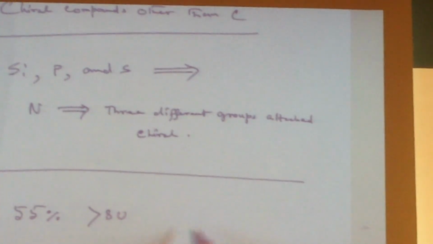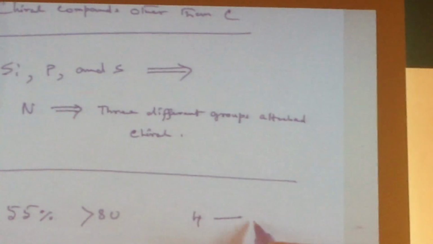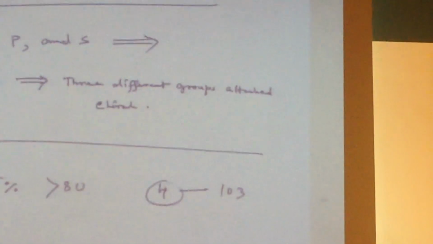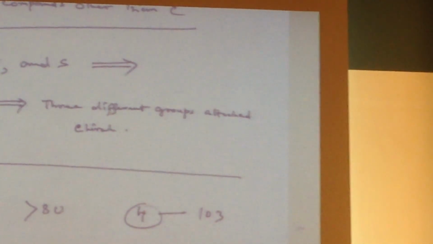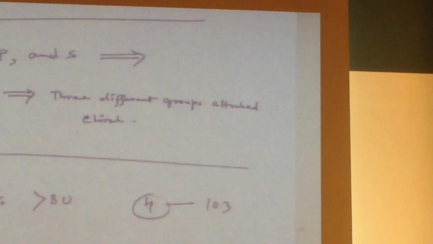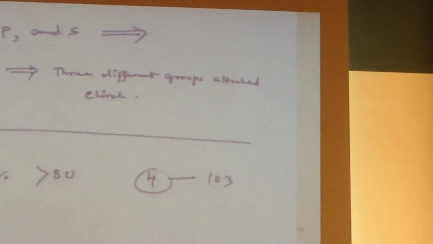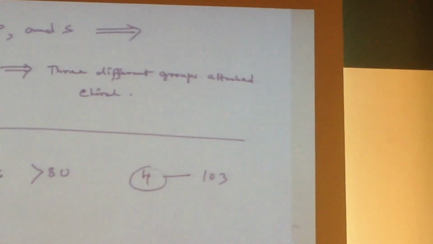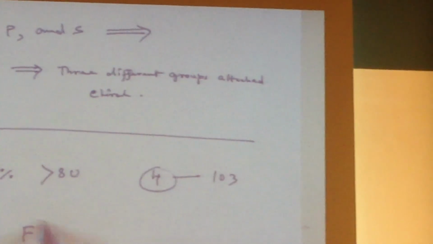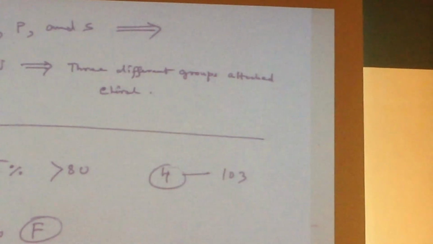There are 4 people who got 103. Kidding. What is the good news? Good news. Now, the problem part is that about 25% of people fail, which is below 50%.